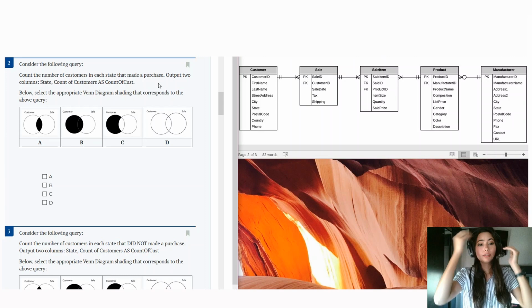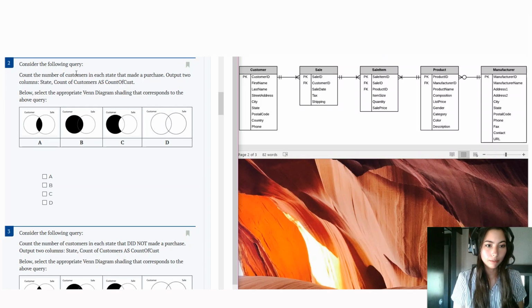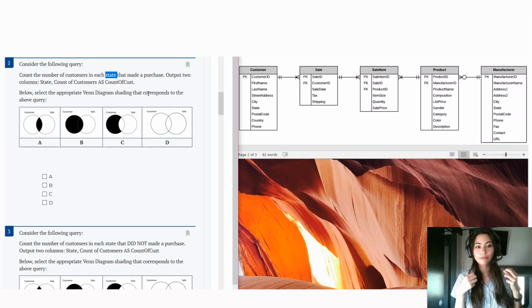Okay, so for this one, it said count the number of customers in each state that have made a purchase. So this is saying I want all the customers from customer who have made a sale from the sale entity. So that means they are going to have something that they share. This customer mixes in with the sale, and the sale mixes in with customer, because both of these have a relationship between each other.